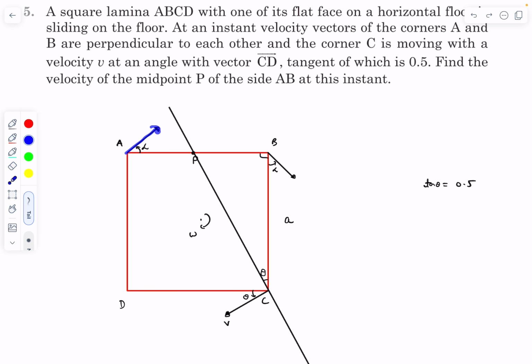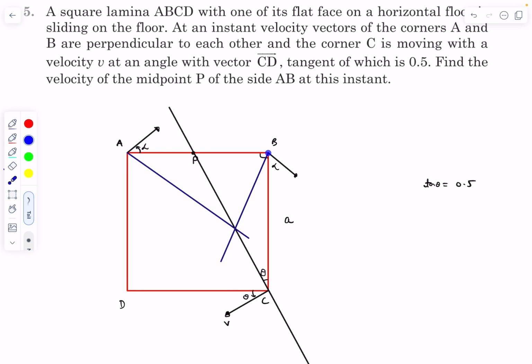So what we did is we assumed some direction for the velocity of A and the velocity of B. Okay. And we also know that the angle between the velocity vectors is 90 degrees. So which means if I draw a perpendicular from these two sides, obviously the intersection should give us the IC. This angle must also be 90 degrees, right?